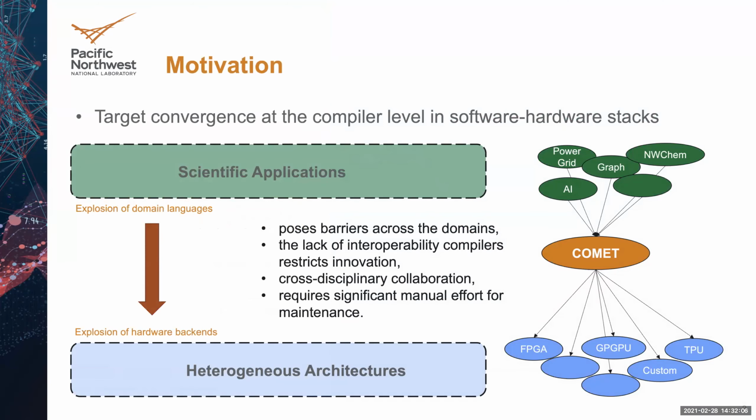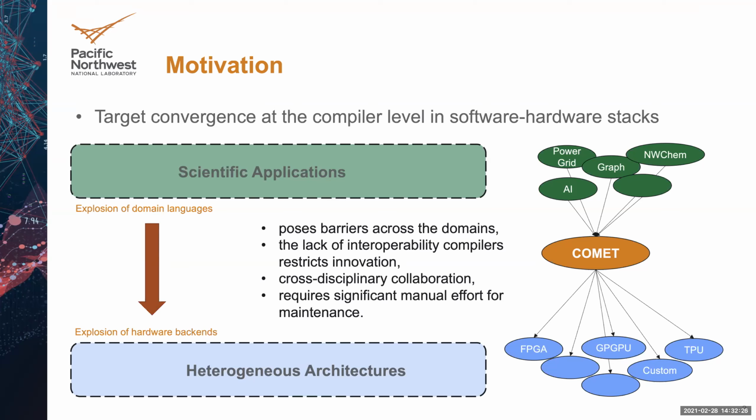Because of the increased complexity of heterogeneous systems, we have been seeing a lot of domain-specific languages in the area, especially as AI became predominant and targeting different heterogeneous systems.